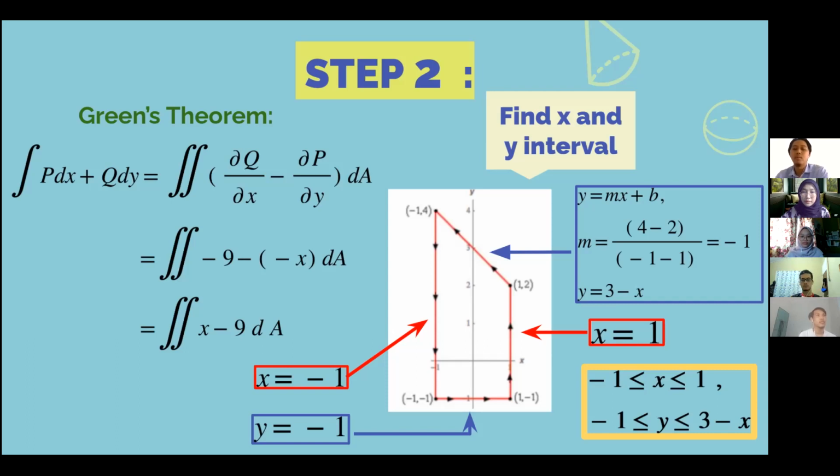So we get y equals 3 minus x. Therefore, the bounds of the double integral are: x is between negative 1 and 1, and y is between negative 1 and 3 minus x. I think that is all for step 2. I will pass to the next presenter.